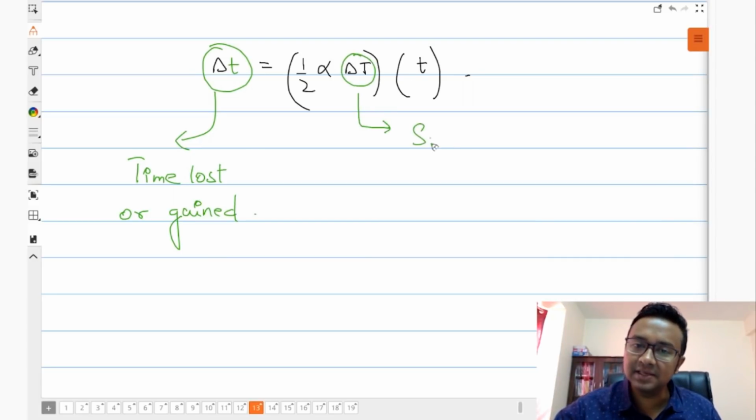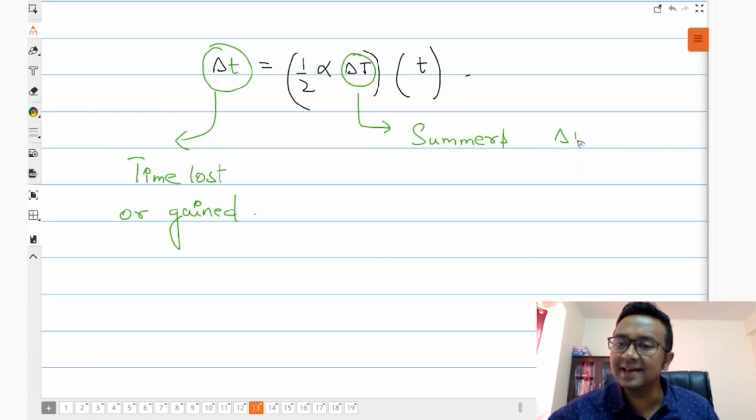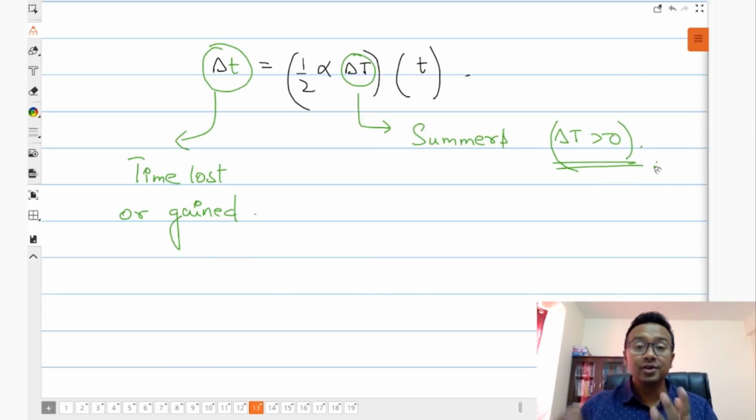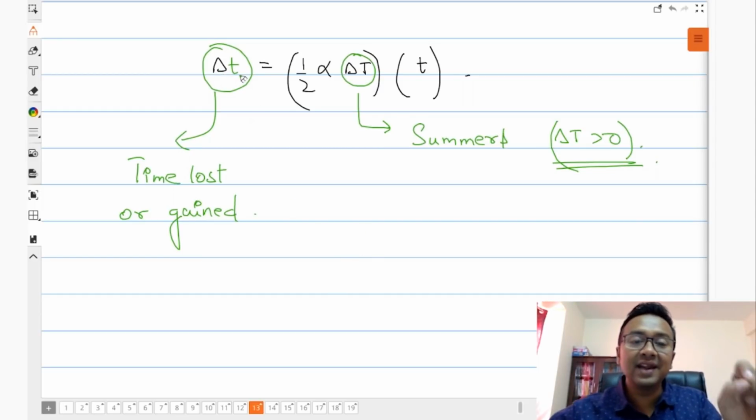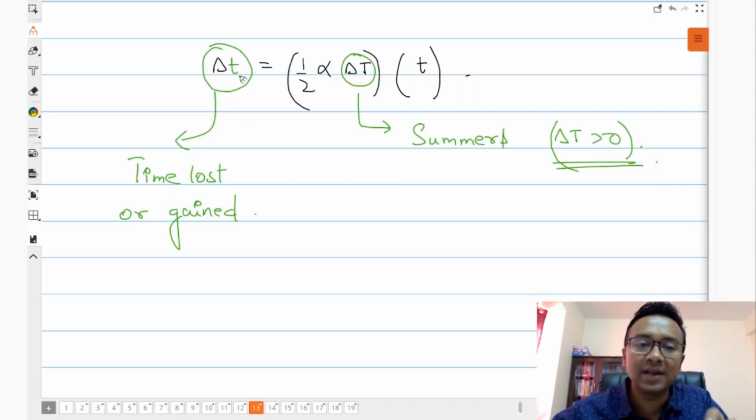So in summers, what is happening, students? In summers, delta T is greater than 0. Temperature is increasing. If temperature is increasing, my dear students, delta T is also going to increase. That means it has lost time.